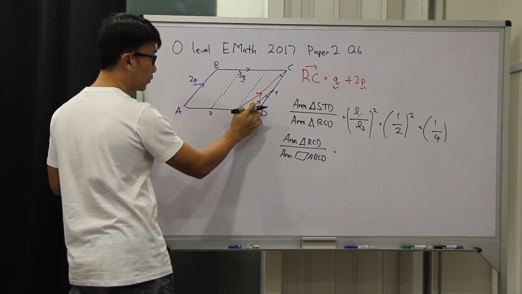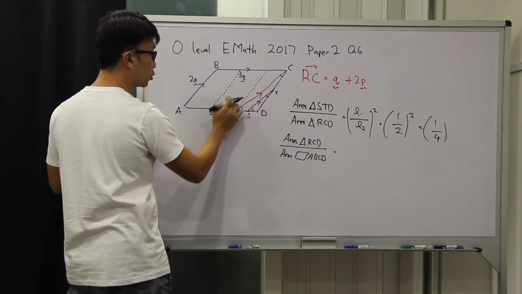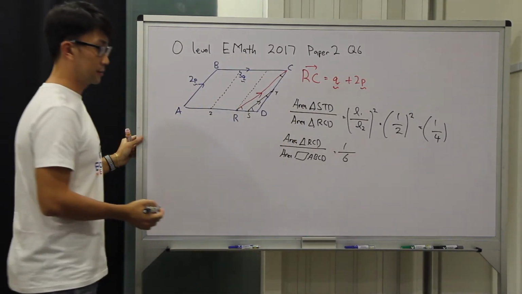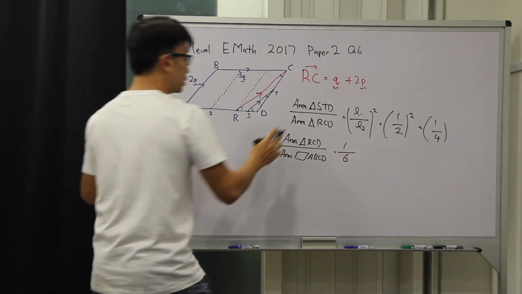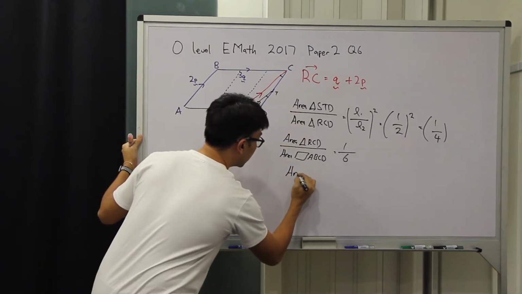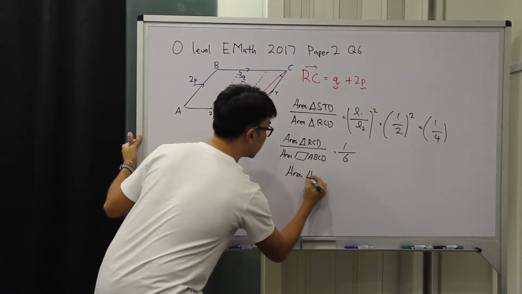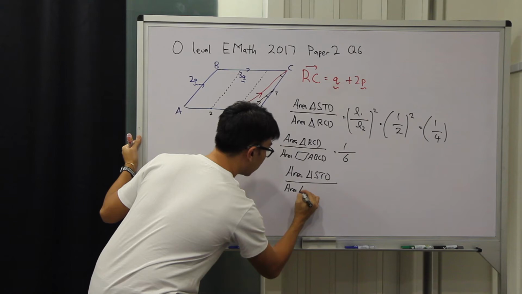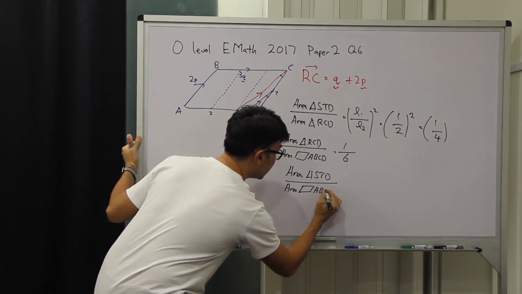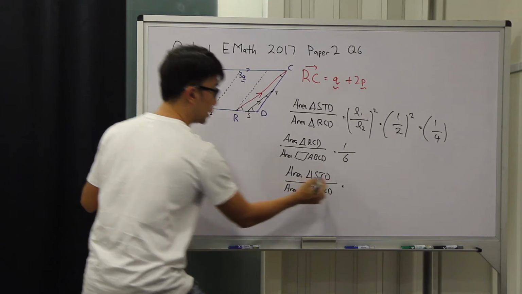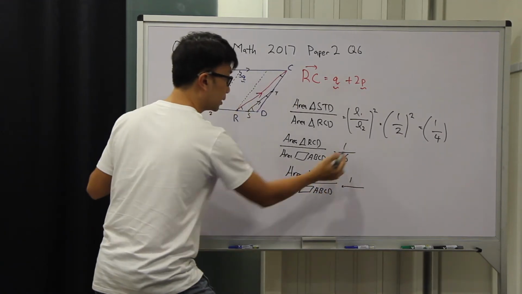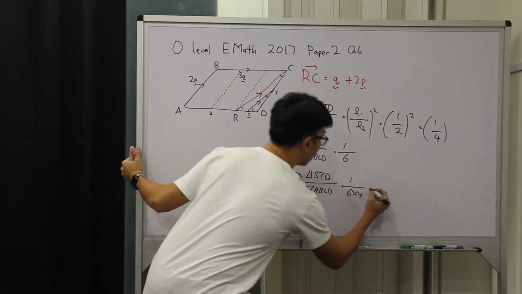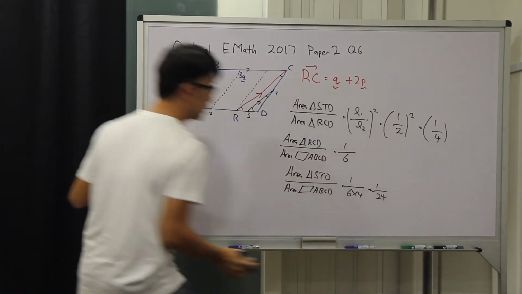So that will make 1 is to 1, 2, 3, 4, 5, 6. 1 over 6. So if we want to answer the question of area of triangle STD to area of parallelogram ABCD, that will be equal to 1 over 6 times 1/4. So that will be equal to 1 over 24.